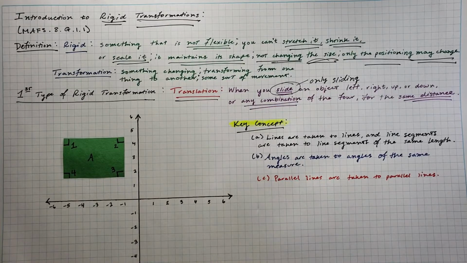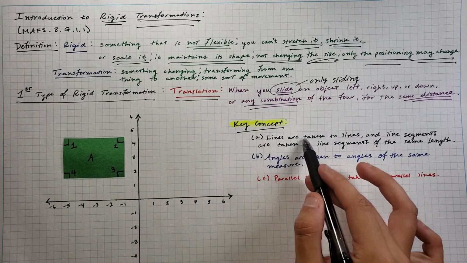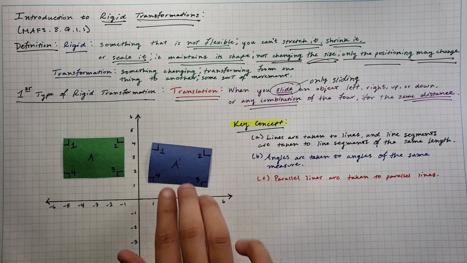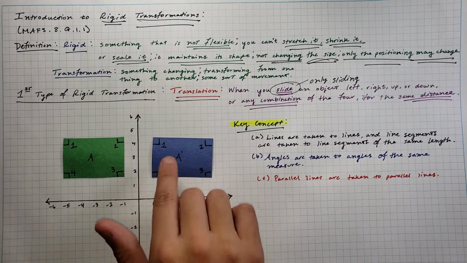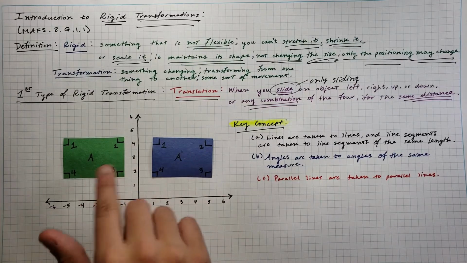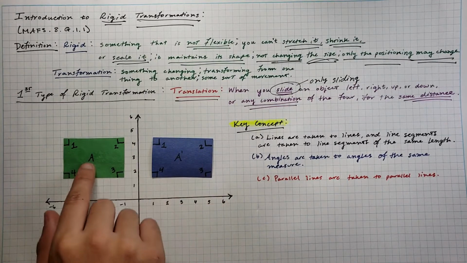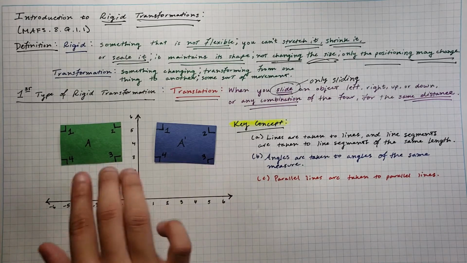No matter which way you slide, what's important to notice is that lines are taken to lines. So what they mean by that is this. Let's introduce the same rectangle, but I'm just calling it a different name. The angles and the sides are the same length, but I'm calling this one A, and I'm going to call this one A prime.